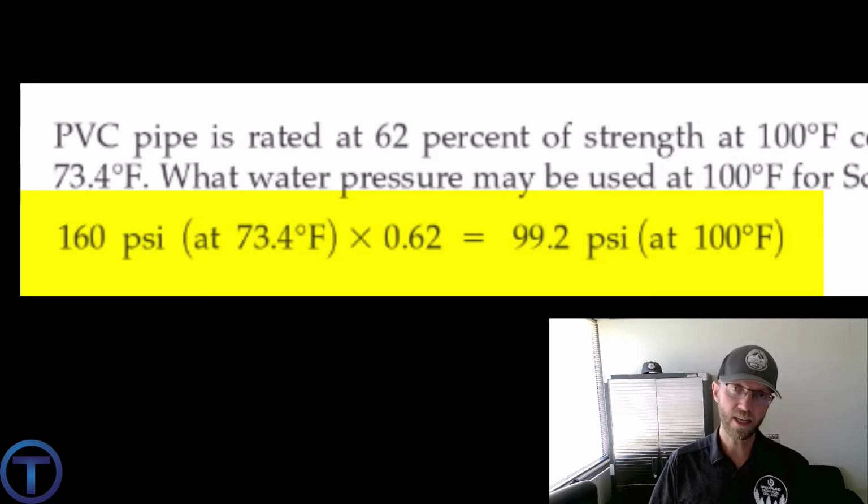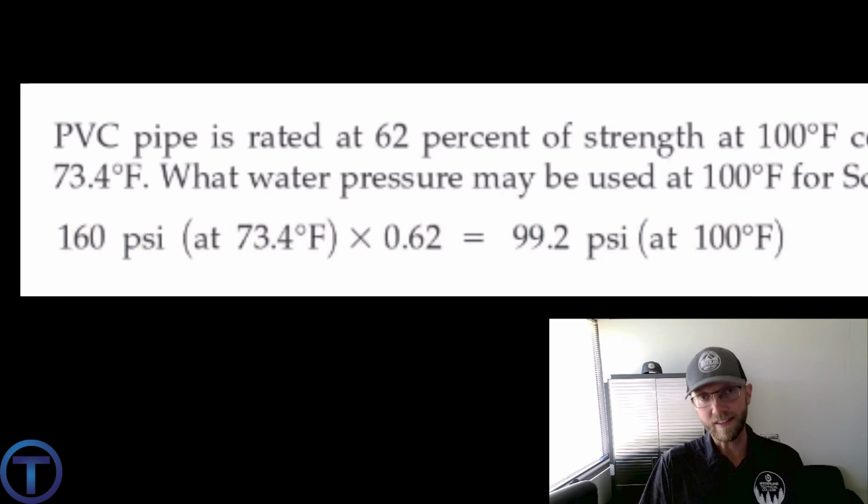So what we do is we take the typical pressure rating, which is 160 psi, that's at your 73 degrees, and we're going to multiply that by 0.62, that's going to be our 62%, and that gives us 99.2 psi at 100 degrees Fahrenheit. That gives us a maximum pressure that we can put into that pipe.